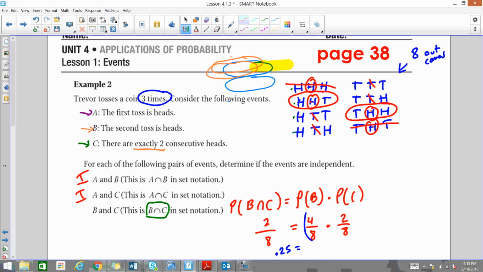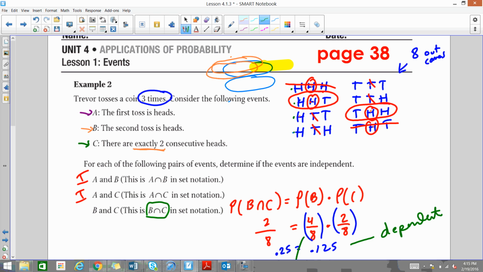Now when you multiply these, 4/8 times 2/8, that's 8/64, and you get 0.125. Wait, are these two equal to each other? That answer is no. So since these two don't give you an equal or a true statement, this is dependent.